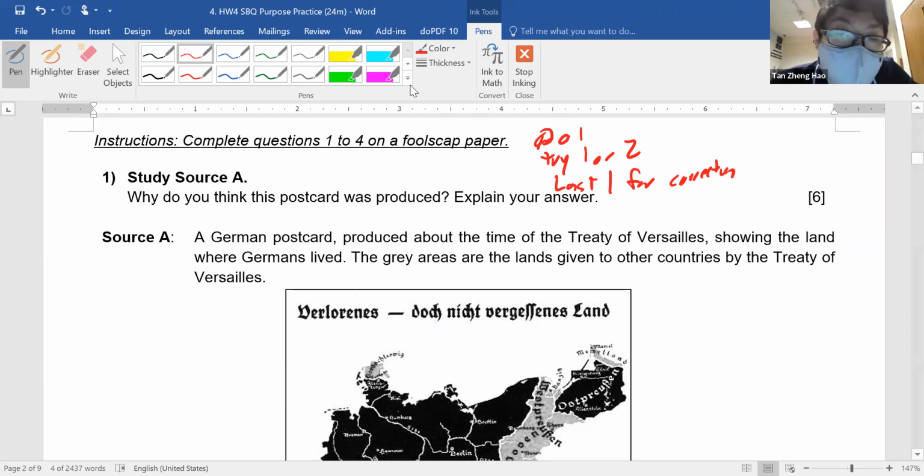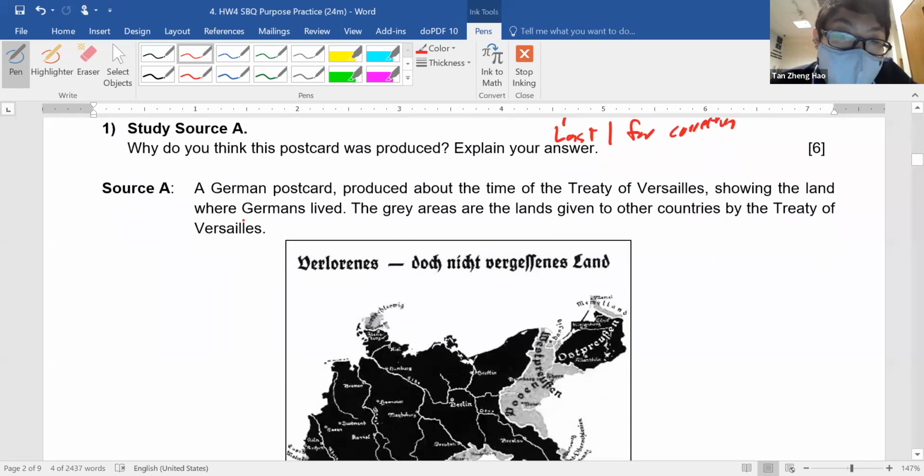All right, so just very quickly, I'll walk you through source A, question 1. It's a German postcard. Why was it produced? Why is the keyword that tells us it's the purpose question. It's a German postcard produced around the time of the TOV, so this might give us some clue into the context. What was happening around the TOV? Later we need to explore a bit more.